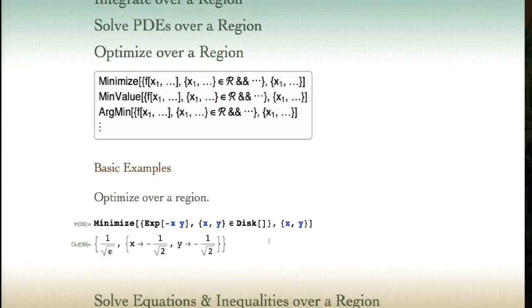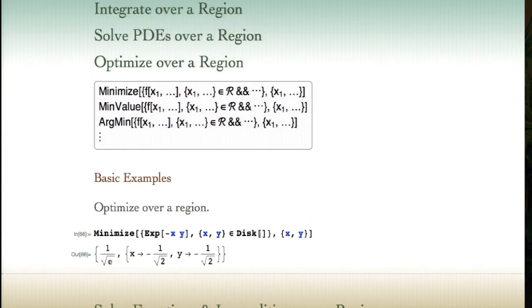Okay, so here I want to optimize this thing over a disk, keeping it simple. I can keep on adding here, so I could add x greater than y. That didn't have any effect. Let's do it the other way.